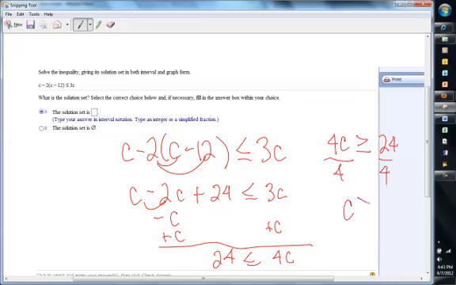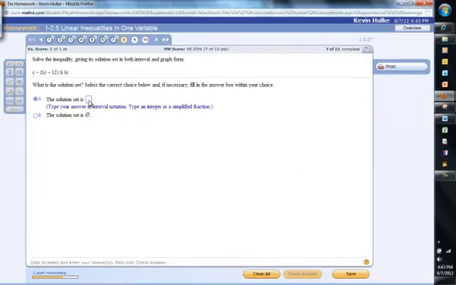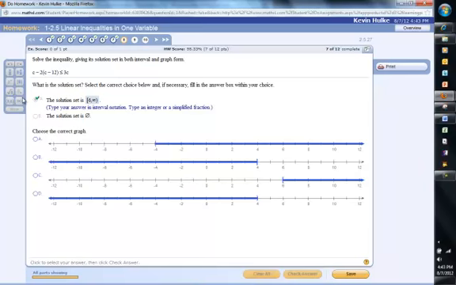We have c is greater than or equal to 6. So solution set in interval notation is bracket 6, comma, infinity, close parentheses. So from 6 to infinity would be letter C here.